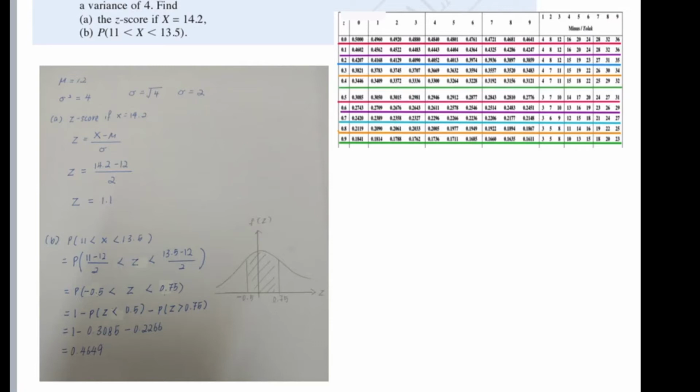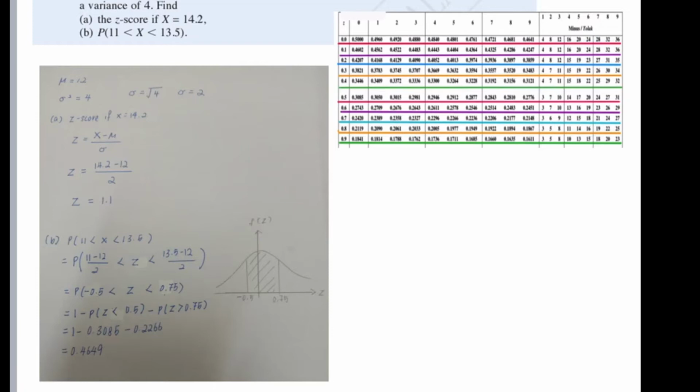Then the next step is P(negative 0.5 less than z less than 0.75), and I draw the graph on the right. Next step is 1 minus the probability z less than negative 0.5 and minus the probability z more than 0.75.